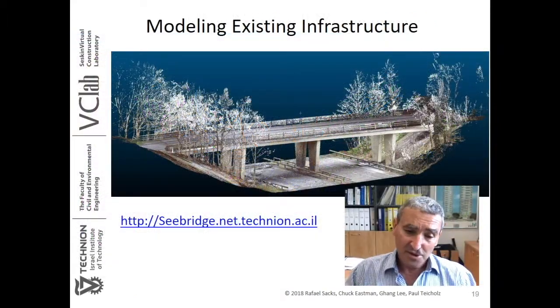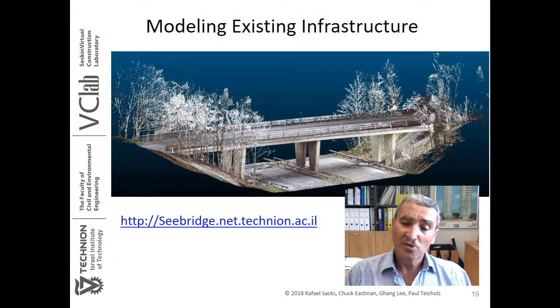Another thing that's changed is that we're spending a lot more time and investing a lot more effort in solving this problem of being able to scan existing infrastructure, translate it into 3D objects, and then transform those 3D objects into useful, information-rich BIM models.